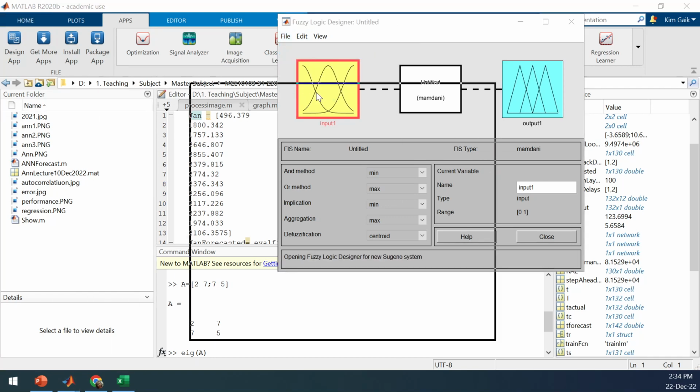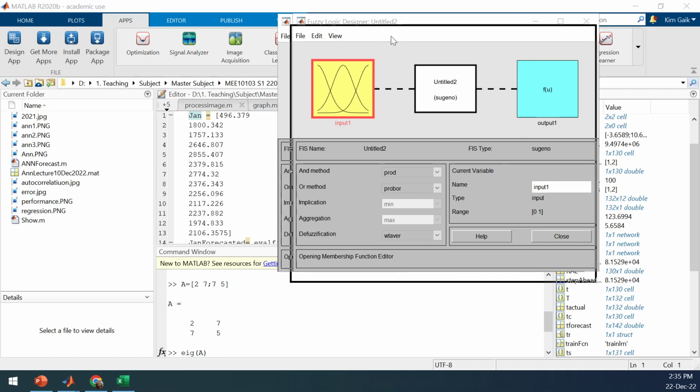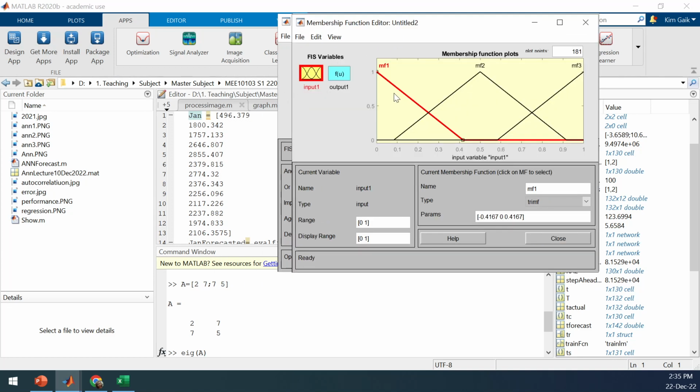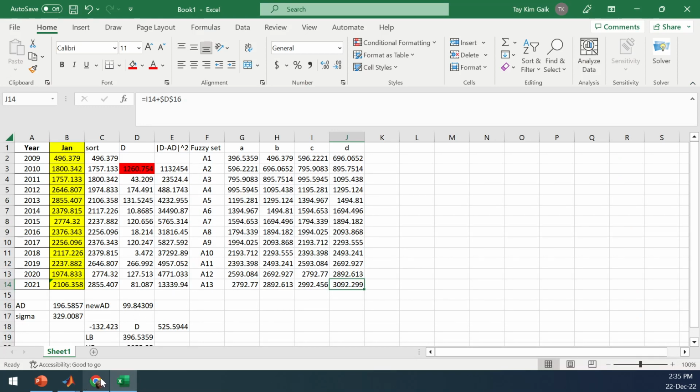I use a Sugeno, and then the input, double click the input, you get this membership function editor, untitled 2 here. By default they give you 3 membership functions. So in total we want 13 membership functions.